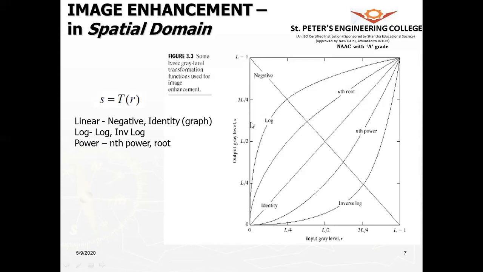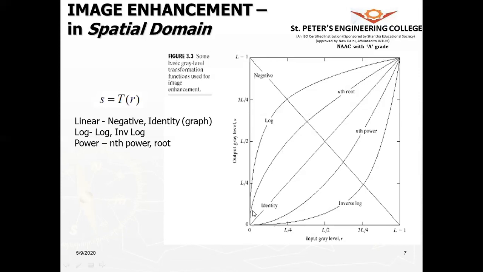So you can observe here from this, for example, if you consider the intensity level from 0 to L by 4, which is a short range in the input, is stretched, or this small less intensity is grouped into large intensity at the output.